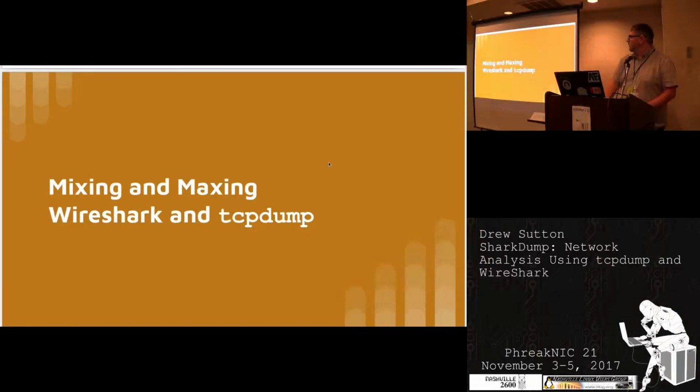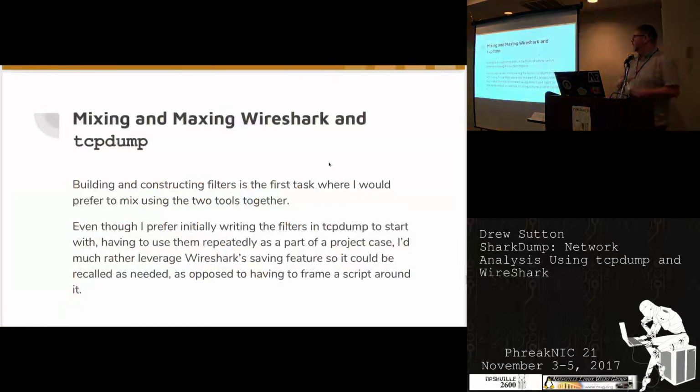So this is kind of the mixing and matching of Wireshark and tcpdump. Being able to use both in conjunction with each other, depending on what you need to do. So if we're building and constructing filters, the first place I would look is using tcpdump.